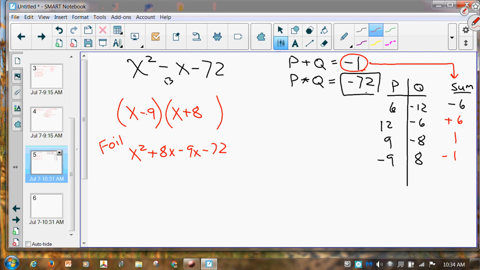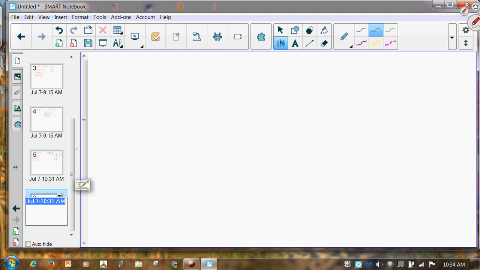Okay, and then collect terms: x squared minus x minus 72. And there we have it. It works. So that's the process.